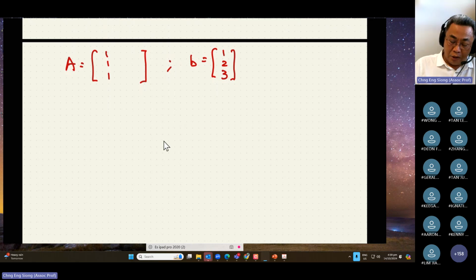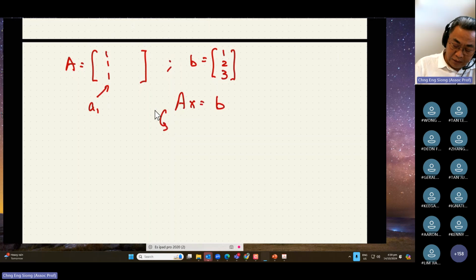I have given you a single column A. And of course, you are going to say we are going to solve Ax equals b. Looking at this picture, since I've only given you one column, a1 times x1 equals b. And then you say there is no way that I can multiply some number and get this.